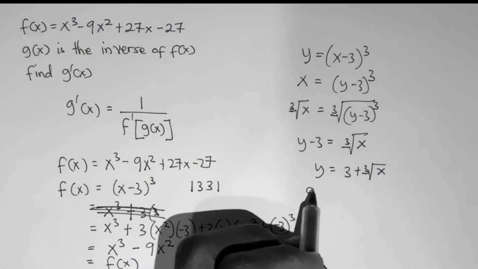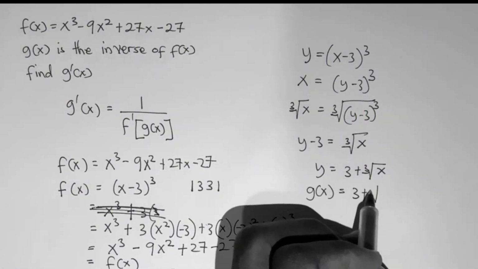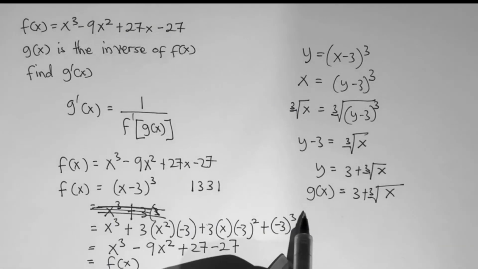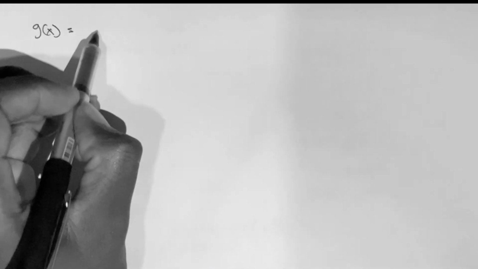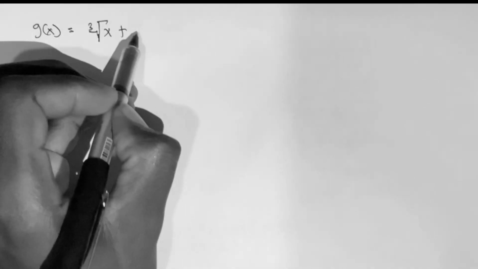So this implies that g of x is equal to 3 plus the cube root of x. So having found g of x, we can then use the formula to find g prime of x.